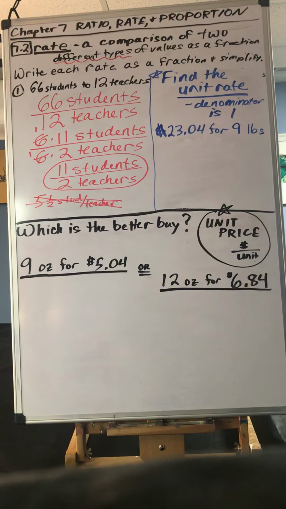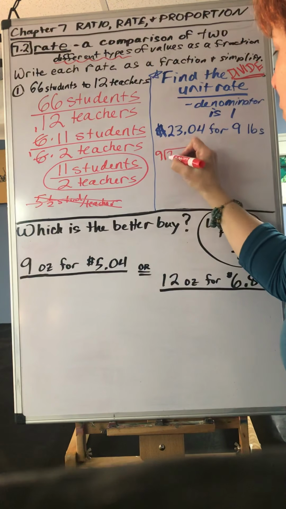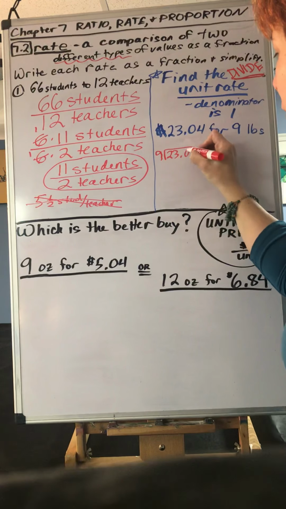So in this instance, it is $23.04 for 9 pounds. I want to know how much is it for 1 pound. So in order to find the unit rate, you're going to have to divide. So I'm going to divide 9 into 23 and 4/100ths.